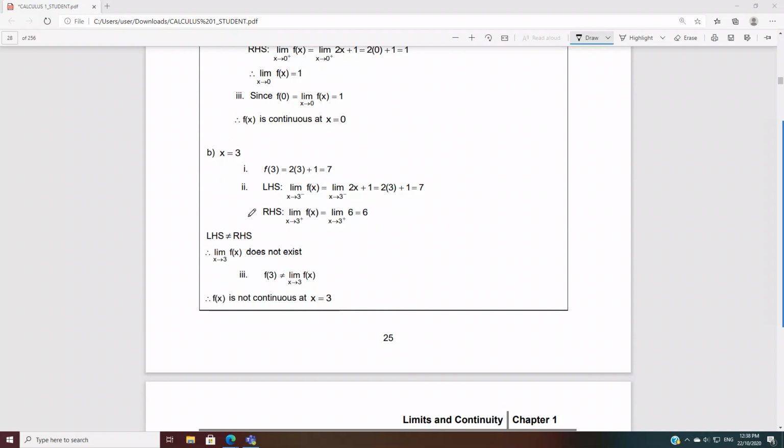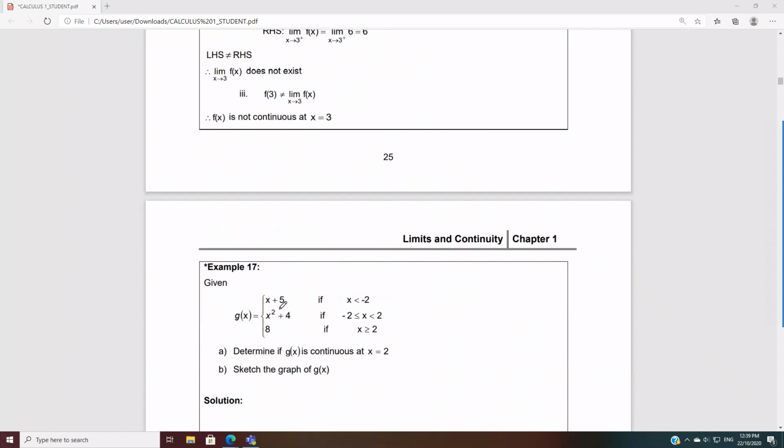Okay, so since the left hand side is not equal to the right hand side, therefore the limit of f(x) when x approaches 3 does not exist. So therefore for number 3, f(3) is not equal to the limit of f(x) when x approaches 3. So therefore f(x) is not continuous at x equals 3. The reason is, for continuity, all conditions must be satisfied. So if they are not satisfied, it means it is not continuous at x equals 3.